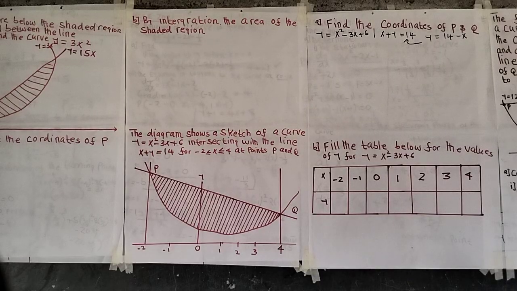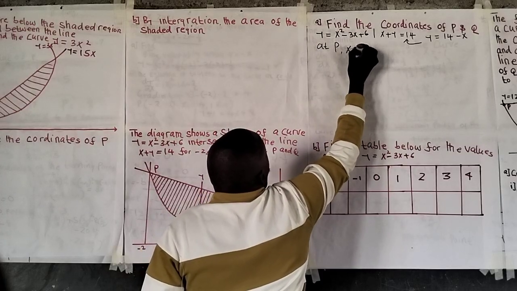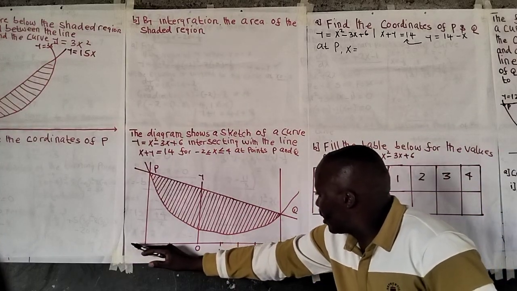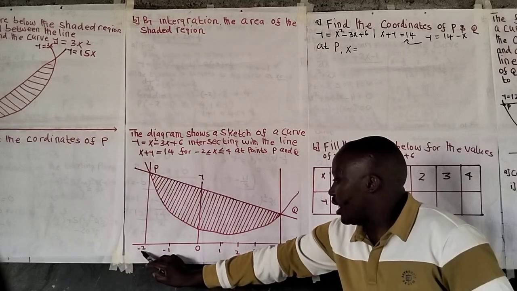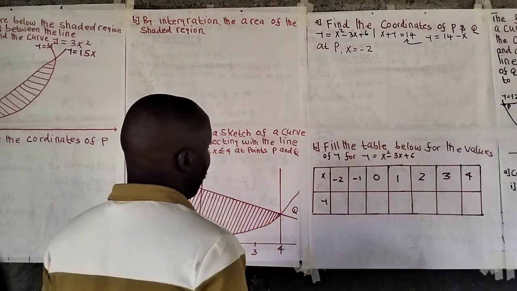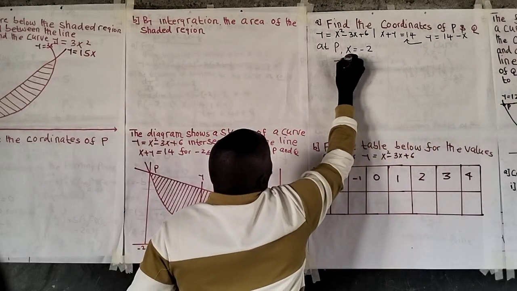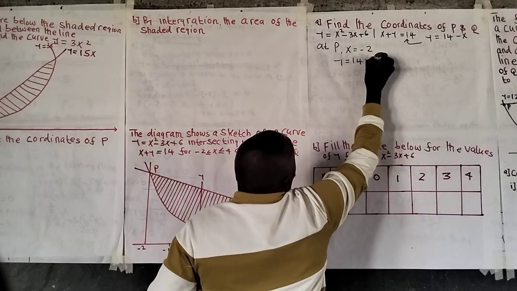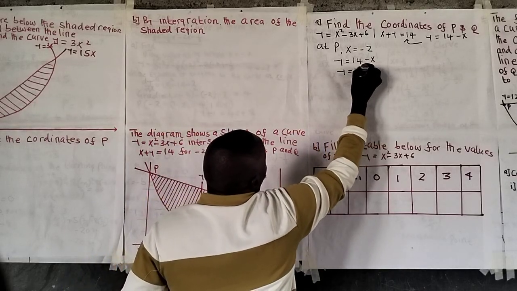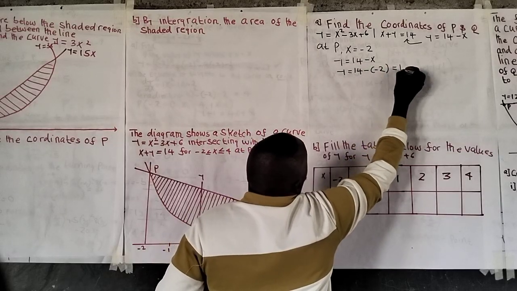So we need to find the coordinates of P. At point P, what is the value of x? As you can see from the screen, on the x-axis at P, the value of x is equal to -2. So if x is equal to -2, we can use this equation, y equals 14 minus x. But x is equal to -2, so y is equal to 14 minus (-2), and this gives us 16.